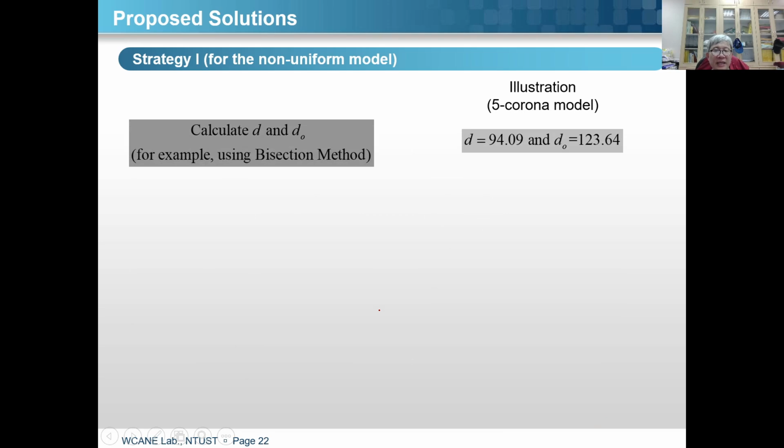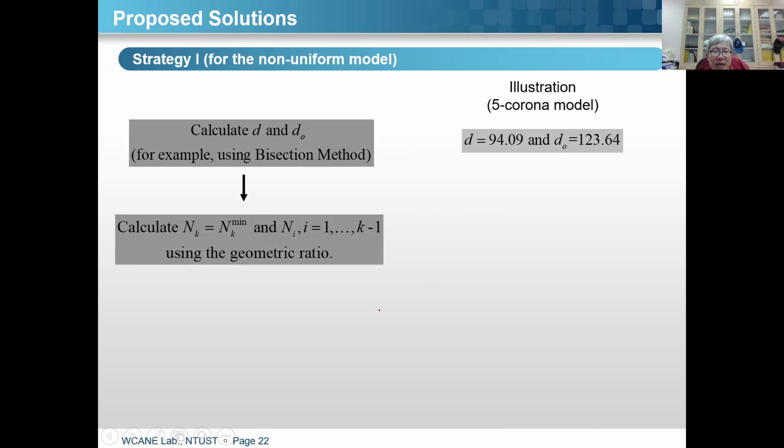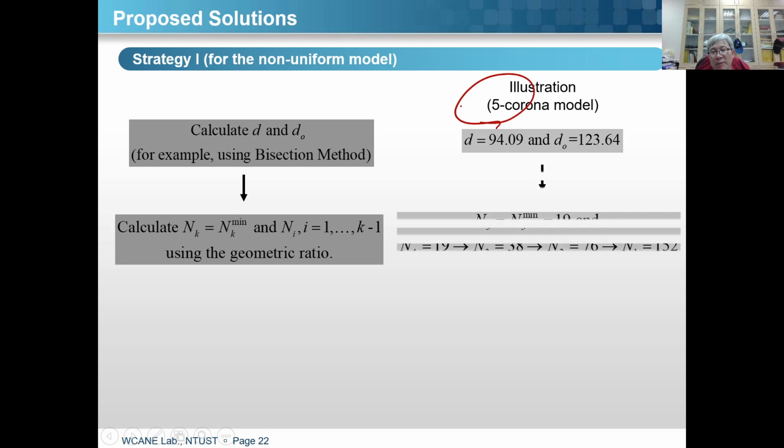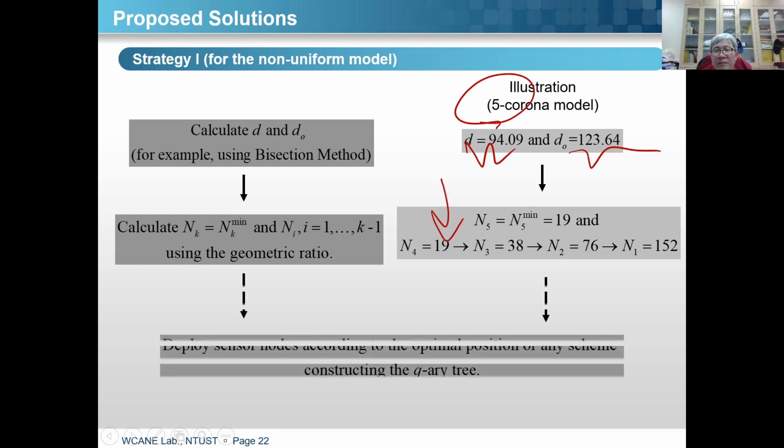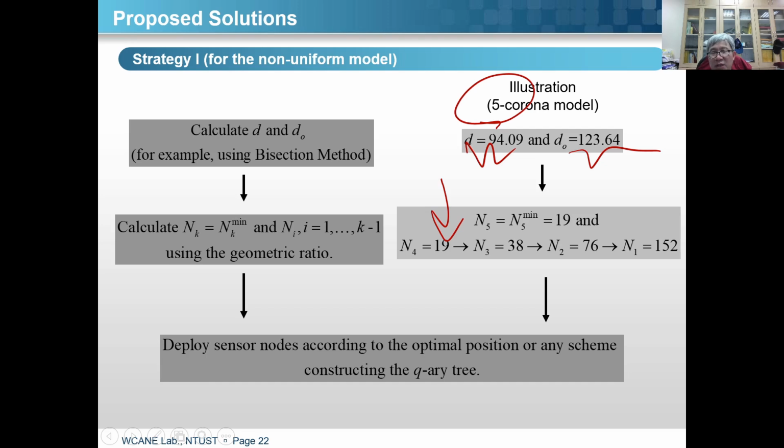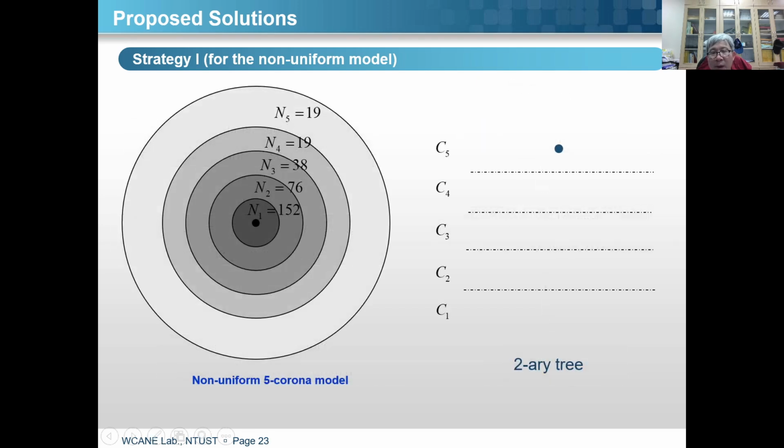So find D and D0. Here we have the illustration. If we have a 5-corona model, D will be the current value, and D0 will have this value. Following that, we can have the number of nodes setting. So this is the proposed strategy 1.